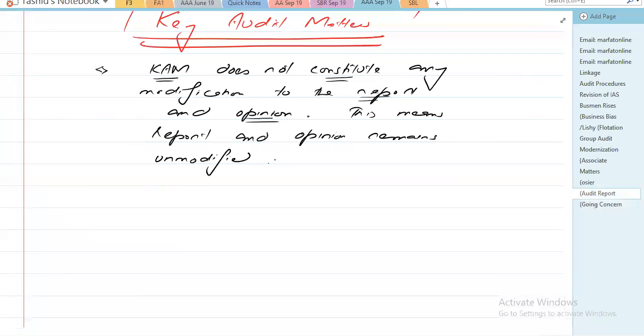No, it is not going to. When you include the CAM, the opinion and the report remain unmodified.